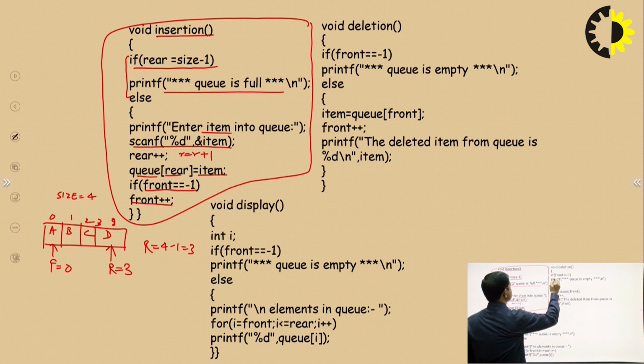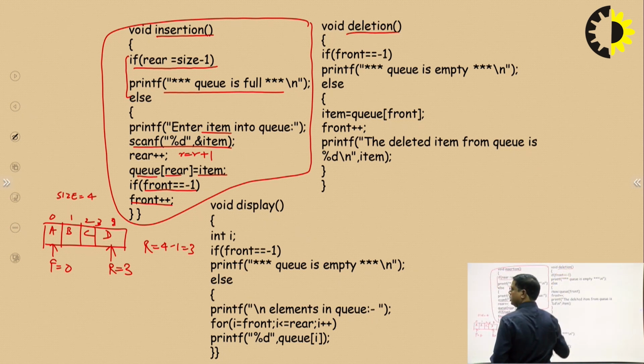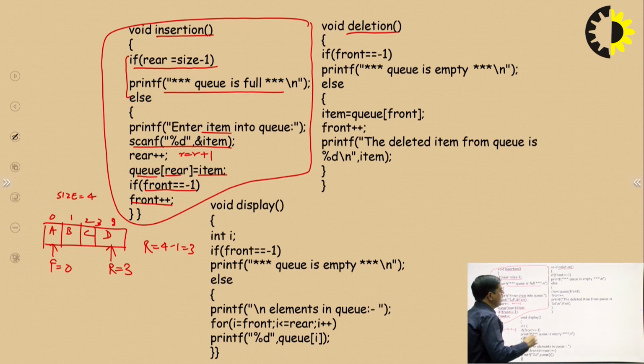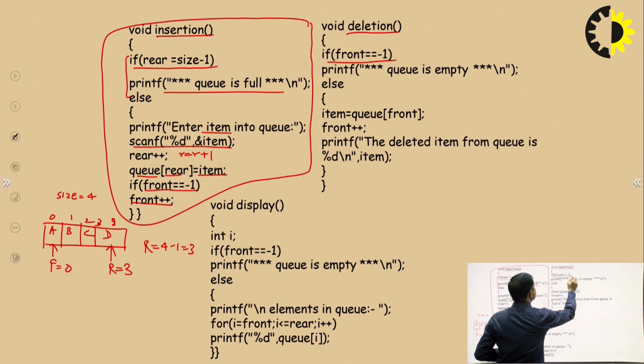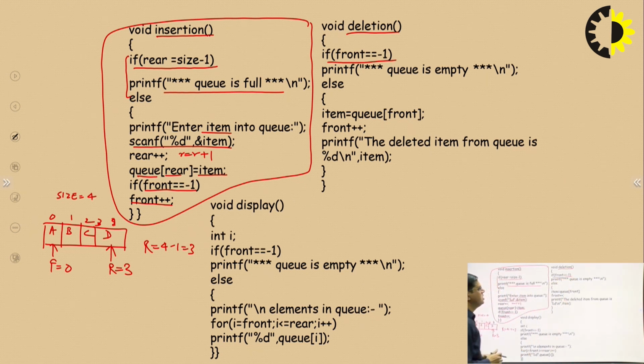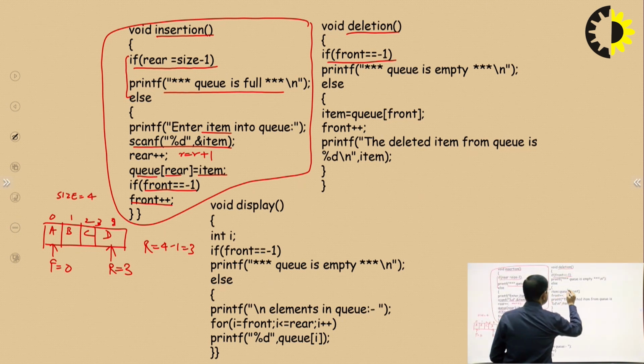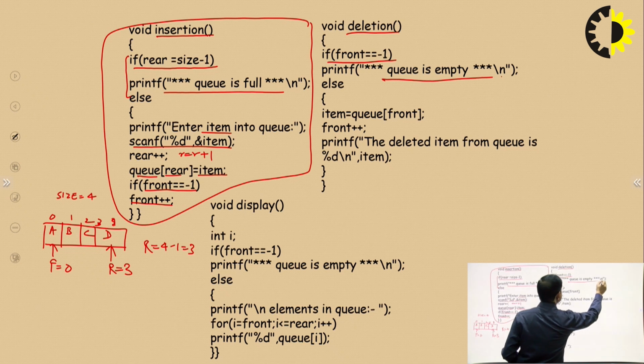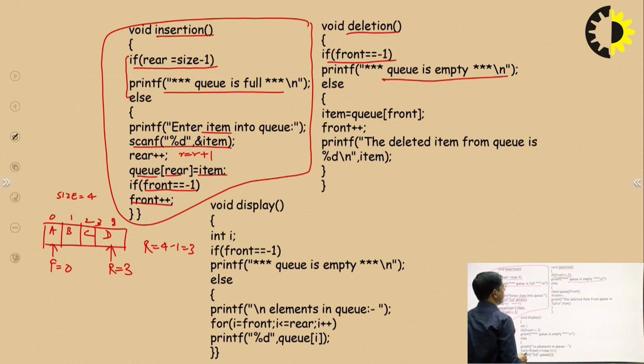Now this is the second operation that is used for deletion, and whenever we are deleting an element, always we have to check the underflow condition. How to check it? If front equals minus 1, that means there is no element in the given queue. In that case, we have to simply print this message, that is queue is empty. If this condition is not true, then we will come to the else part.